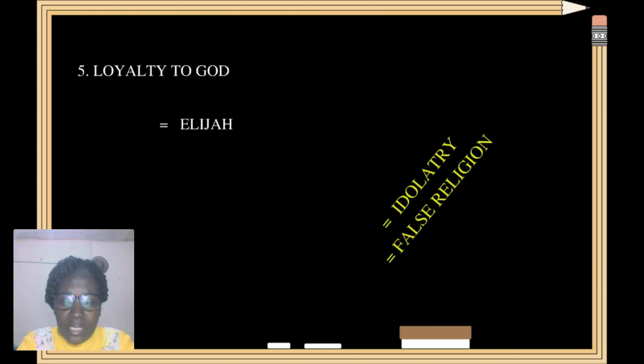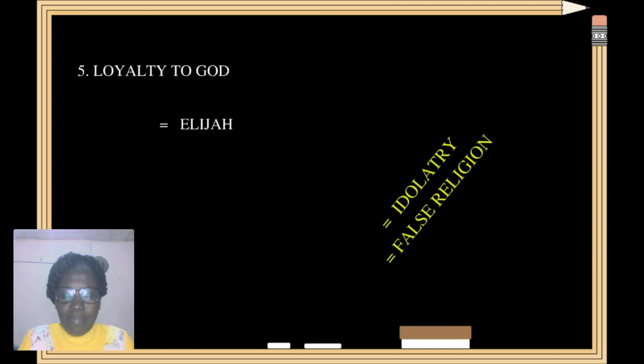Idolatry is worship of other gods other than the God of Israel, the God who had brought the Israelites out of Egypt. So we look at idolatry, we look at the foreign or false gods that they encountered when they settled in Canaan, and we look at the corruption within the rulership of Israel in their day.